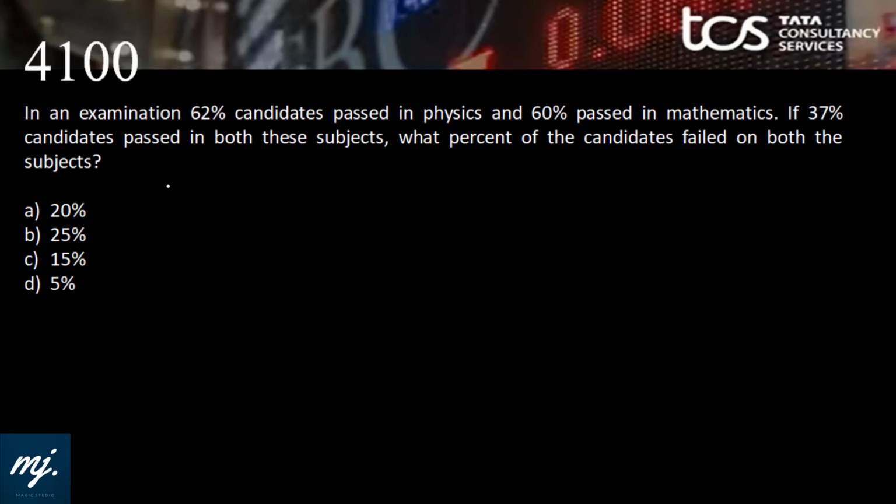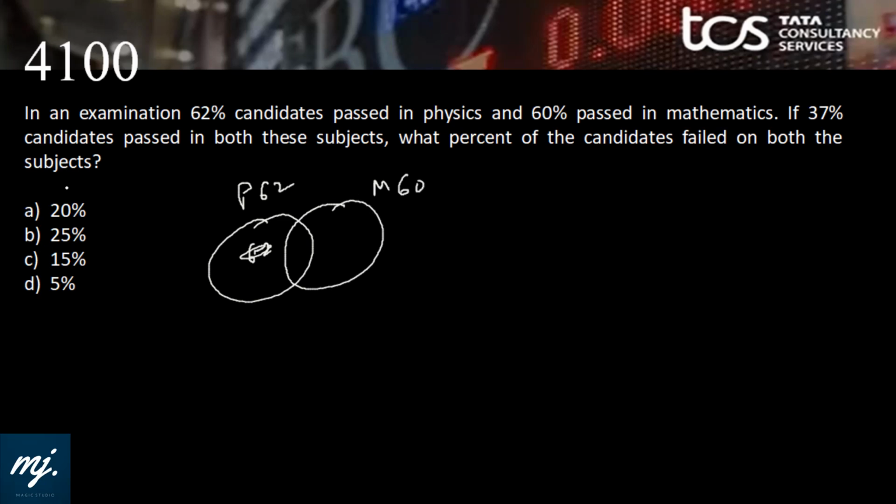A question from set theory or Venn diagram, whatever. In an examination, 62% candidates passed in physics and 60% passed in mathematics. 37% candidates passed in both. This is 37. That means only mathematics is 60 minus 37, 23. 62 minus 37 is 25.